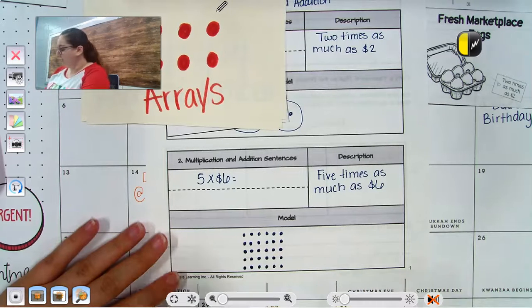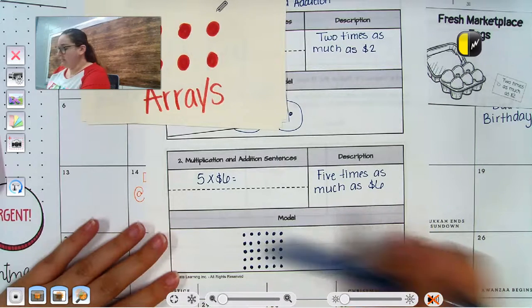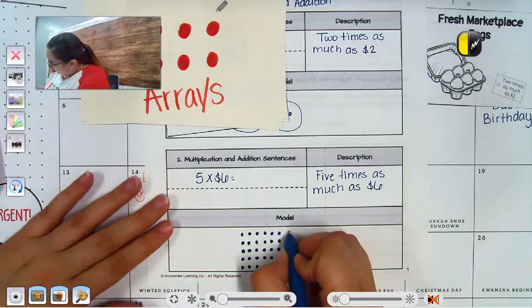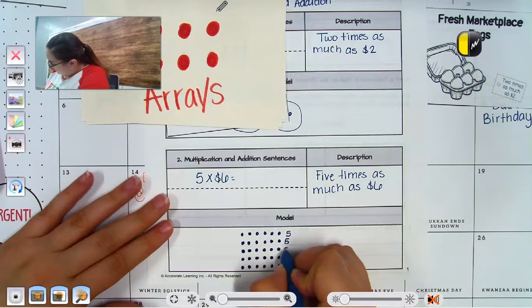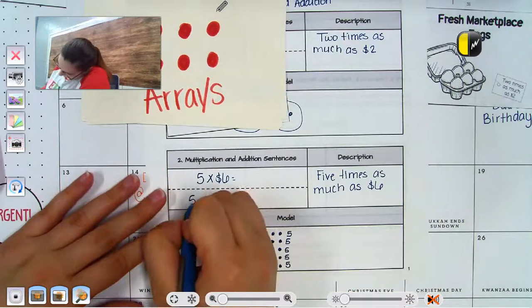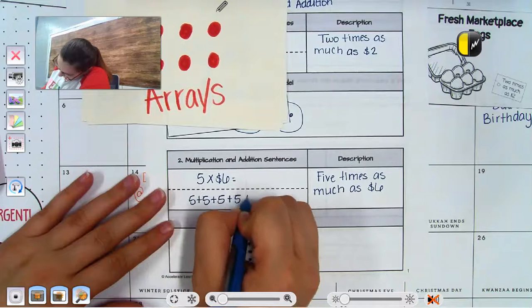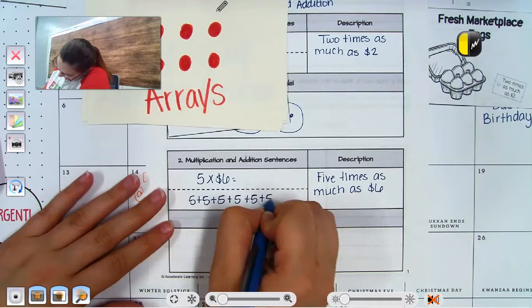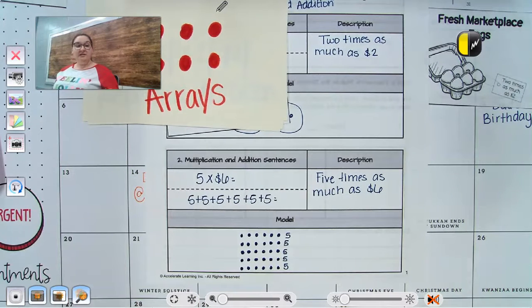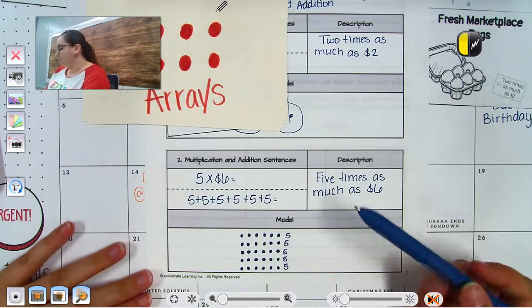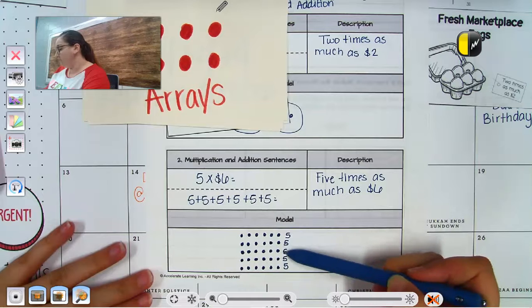There's row 5. So I have 5 rows of 6. So that means my repeated addition would be 5 plus 5 plus 5 plus 5 plus 5, and to figure out my answer, you could just count by 5s. 5, 10, 15, 20.